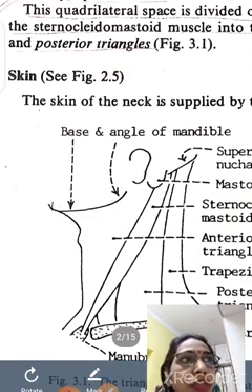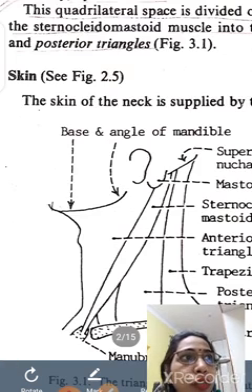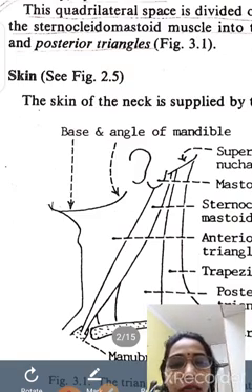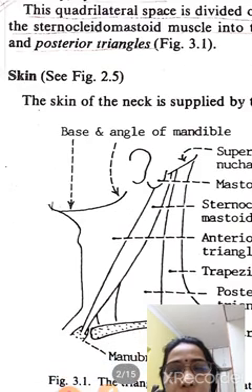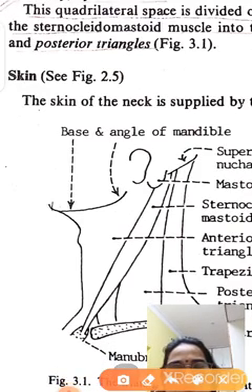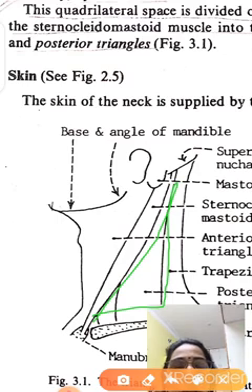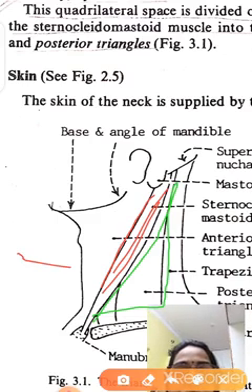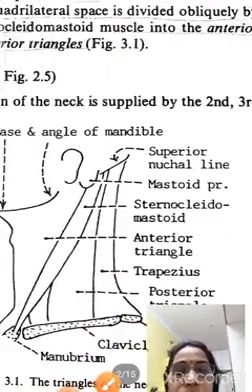The posterior triangle is a space on the side of the neck situated behind the sternocleidomastoid muscle. This is your posterior triangle. That's why it is called the posterior triangle.